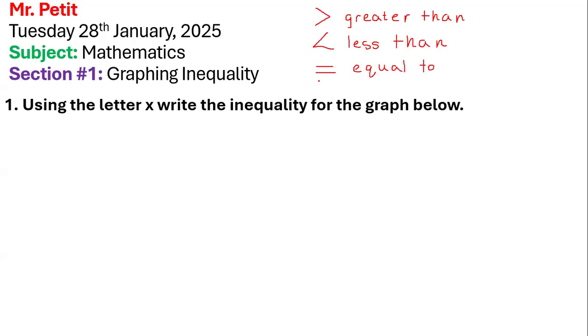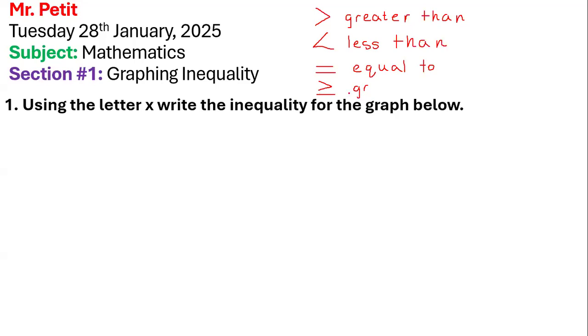And what does this symbol mean right now? Greater than or equal to. Very good, Michaela. You see, we have the equal sign beneath. That means it could be equal to it.